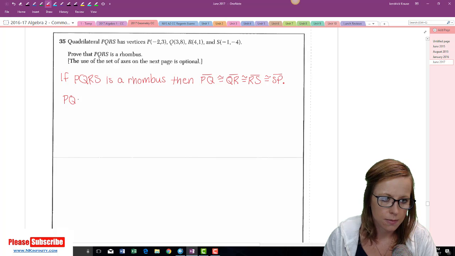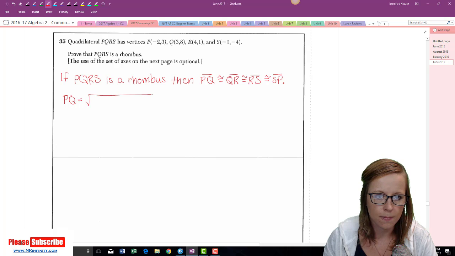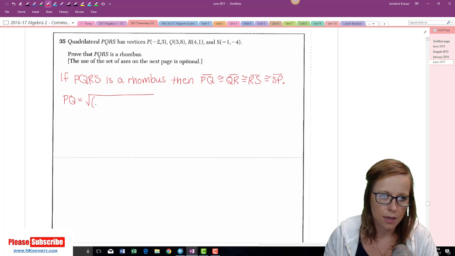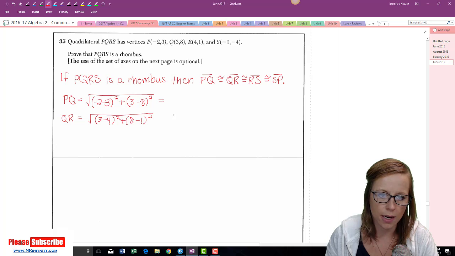PQ is equal to the square root. Now I got to make sure I keep these in order. Okay, so -2 minus 3 squared plus 3 minus 8 squared. QR equals the square root of 3 minus 4 squared plus 8 minus 1 squared.